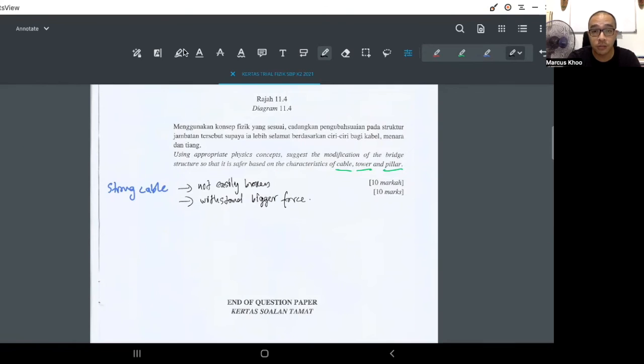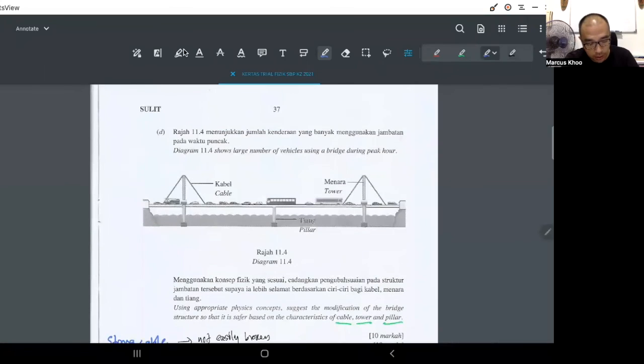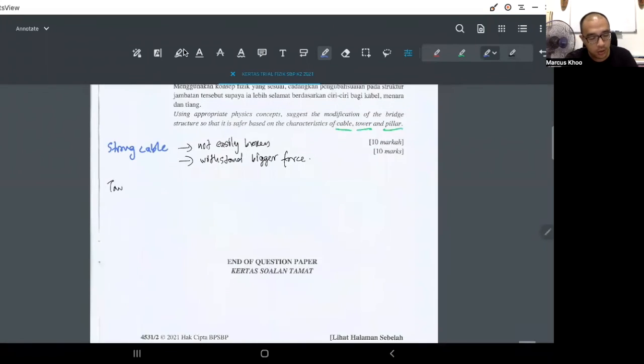If we're going to talk about the pillar, no, hold on, let's talk about the tower. This is the tower, this one. So it can also be strong tower. Or if you don't want to use the strong tower, then you talk about what the tower is made of. You can talk about the material. You can say steel tower.